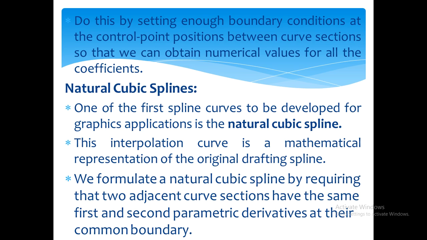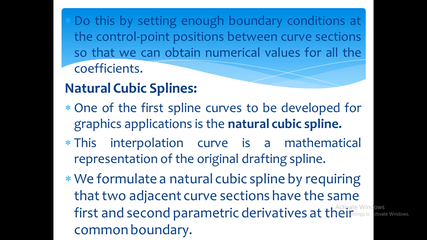That is interpolation. We formulate a natural cubic spline by requiring that two adjacent curve sections have the same first and second parametric derivatives at their common boundary. I hope you know first order derivative, second order derivative. When the first piece and second piece are joining, the first order and second order derivatives at that point must be the same.